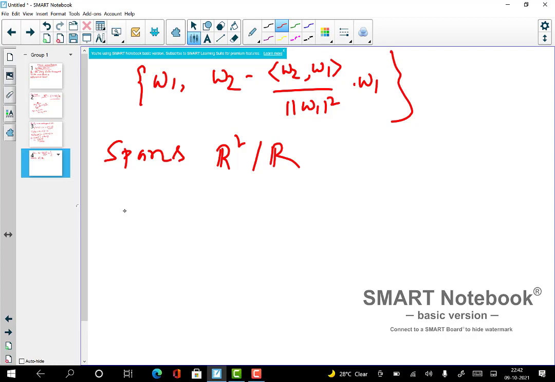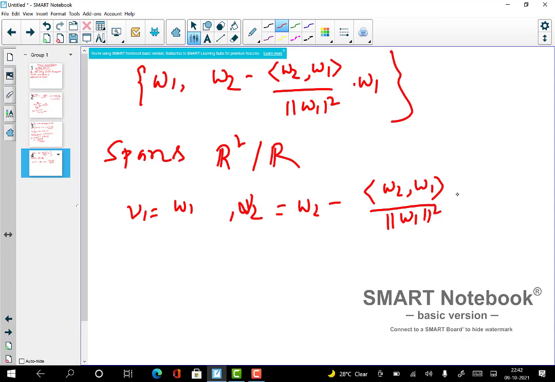So V1 is W1 and V2 is W2 minus the inner product of W2 and W1 divided by norm of W1 squared, so this is the coefficient times W1, right? So now you can take V1 divided by norm of V1, and hence this vector will have norm 1. Similarly, V2 divided by norm of V2. So this will be an orthonormal basis.